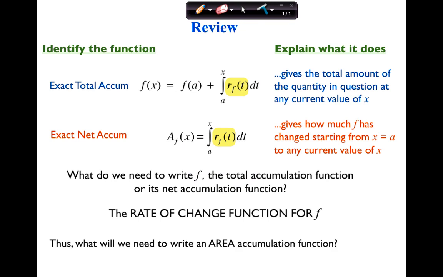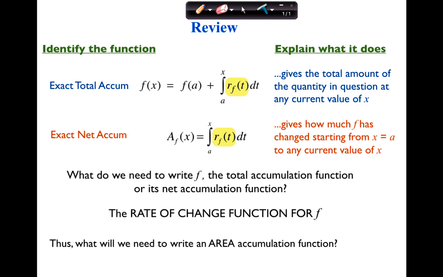Okay, so we're going to start here today by talking about an area accumulation function. We're going to focus on the quantity of area. So if I want to write an area accumulation function, what will I need to do that? He said the rate of change of the area.